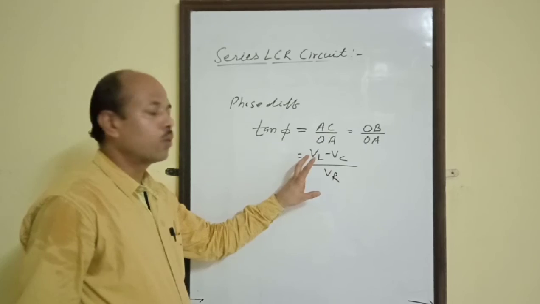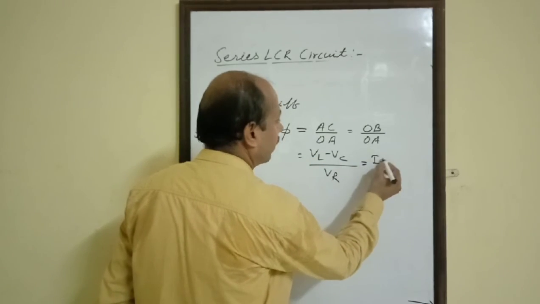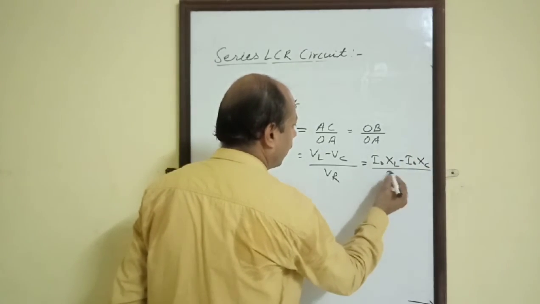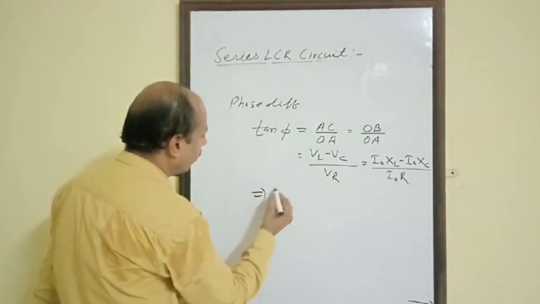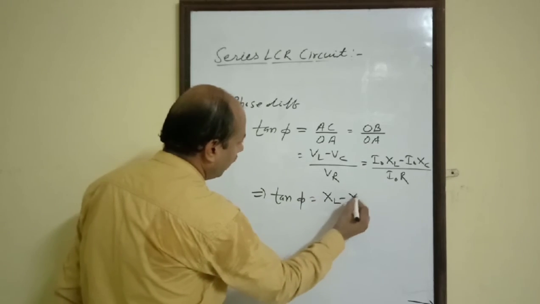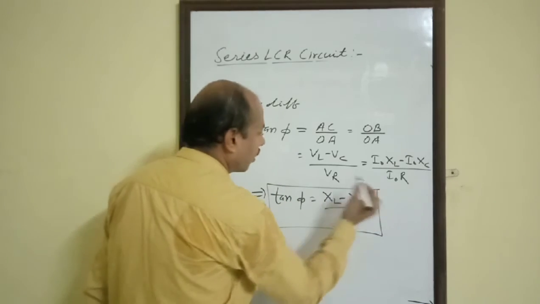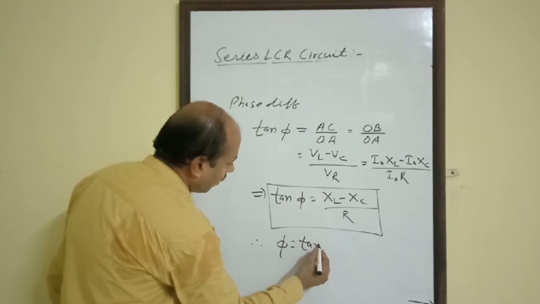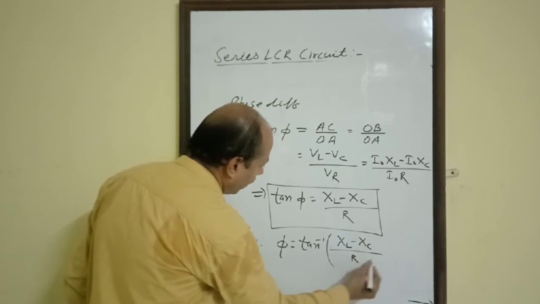Therefore tan phi equals VL minus VC upon VR, or I naught XL minus I naught XC upon I naught R, and I naught will be cancelled out. Therefore tan phi equals XL minus XC upon R, or phi equals tan inverse of XL minus XC upon R.